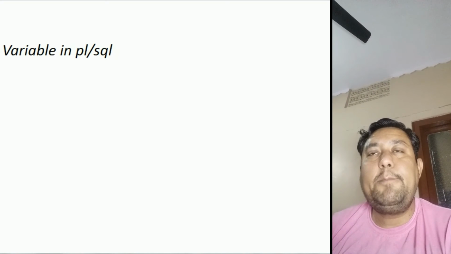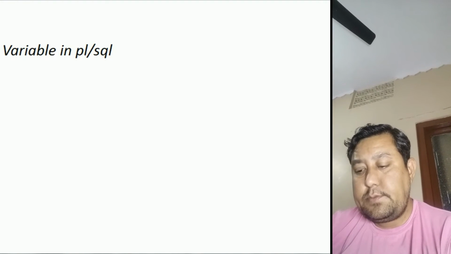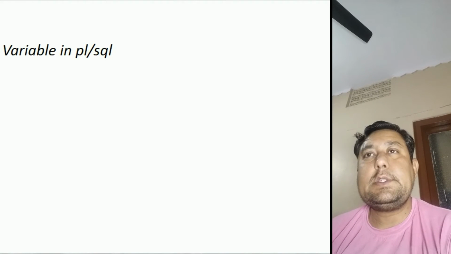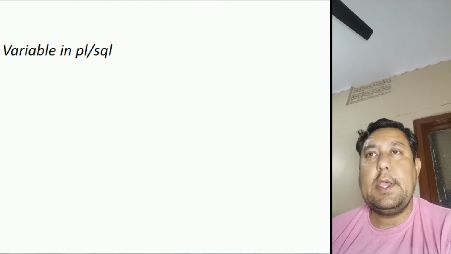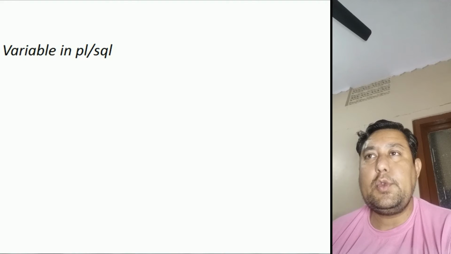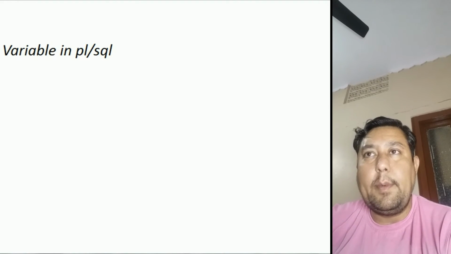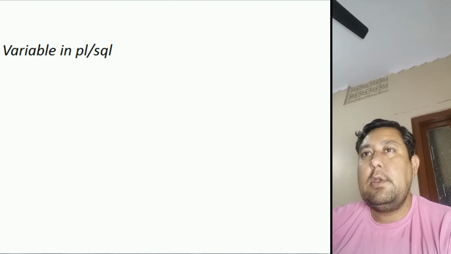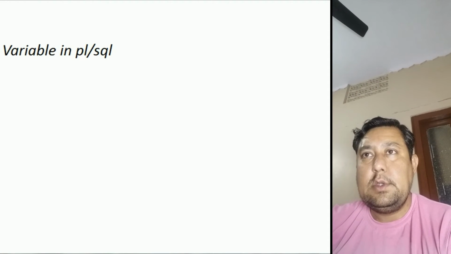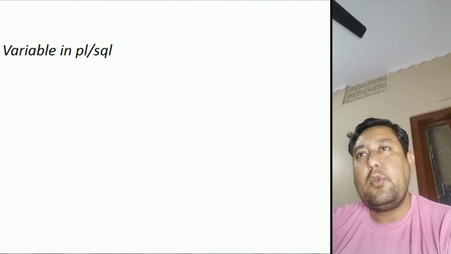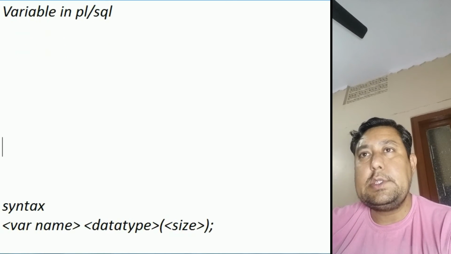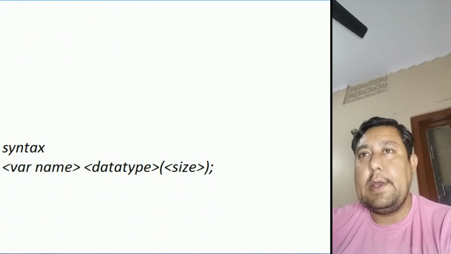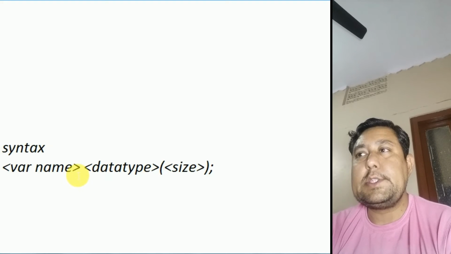So guys, today we consider the variables in PL/SQL. As in the prior video, you already know about the variable term, its meaning, and the naming conventions. Now we are moving towards PL/SQL variables, and how we can declare a variable in PL/SQL.